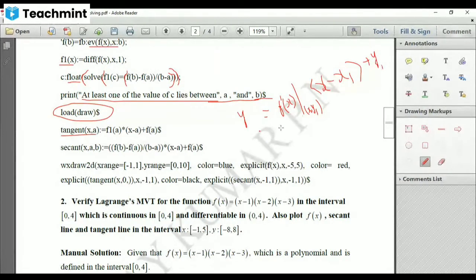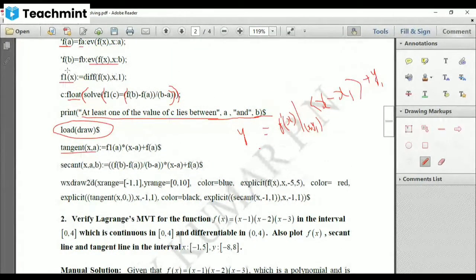Plus y1, isn't it? So your y gives you the tangent at the point x1 comma y1. Here the derivative is given by f1 of x. So we are writing this as the tangent of the function at the point a.